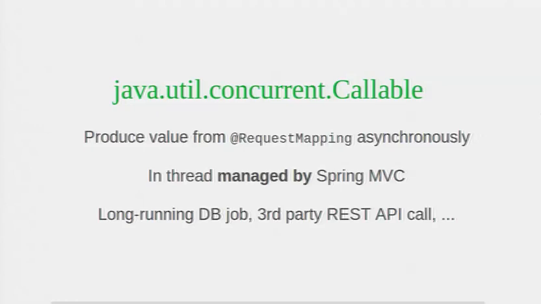Either return to the client immediately and tell them to come back later for the results, or make them wait, if that works, without actually burdening your servlet container thread pool. And once the callable completes, it's going to produce a result, and then we're going to do a dispatch, and then that result is going to be processed.